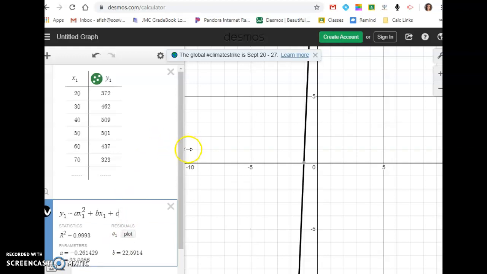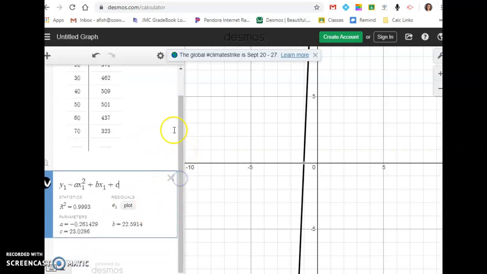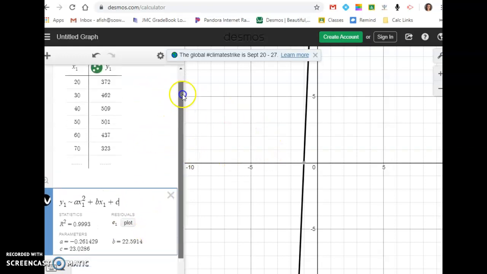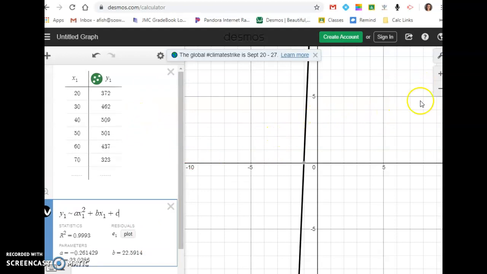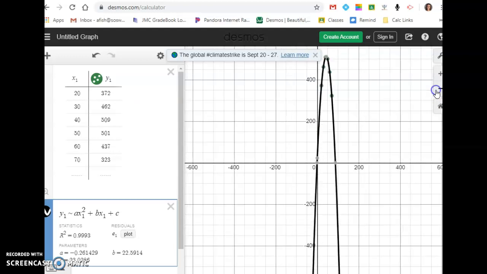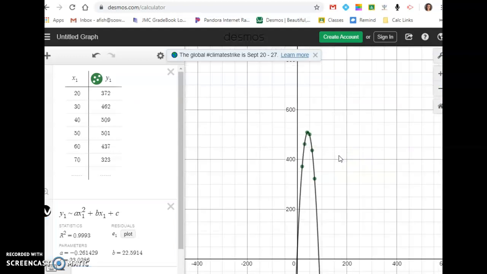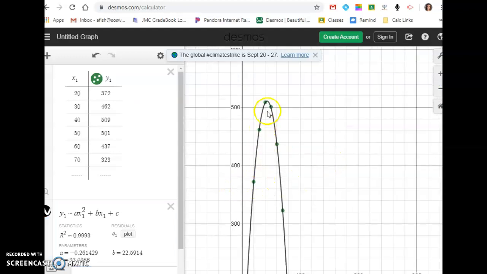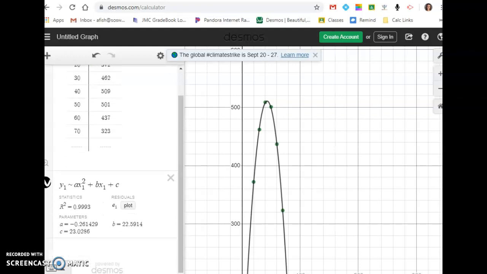Now I actually have more of a parabola. If I zoom out here, these data points are shown. So my data points are shown, and this is the regression curve or the model that best fits those data points. So looking at it from this perspective, that actually fits pretty darn well.